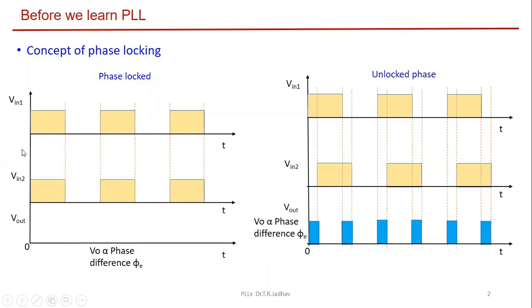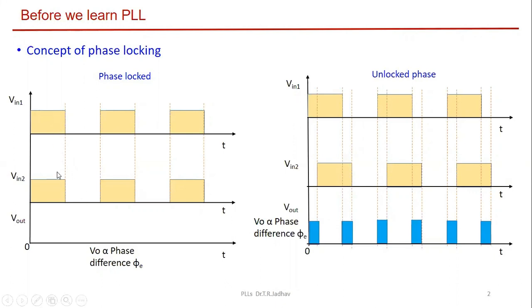Here you can see that there are two input signals, V in 1 and V in 2. Both are in phase, and the phase is exactly matching. So the on time of V in 1 is exactly the same as the on time of V in 2. The off time of V in 1 is exactly the same as the off time of V in 2.